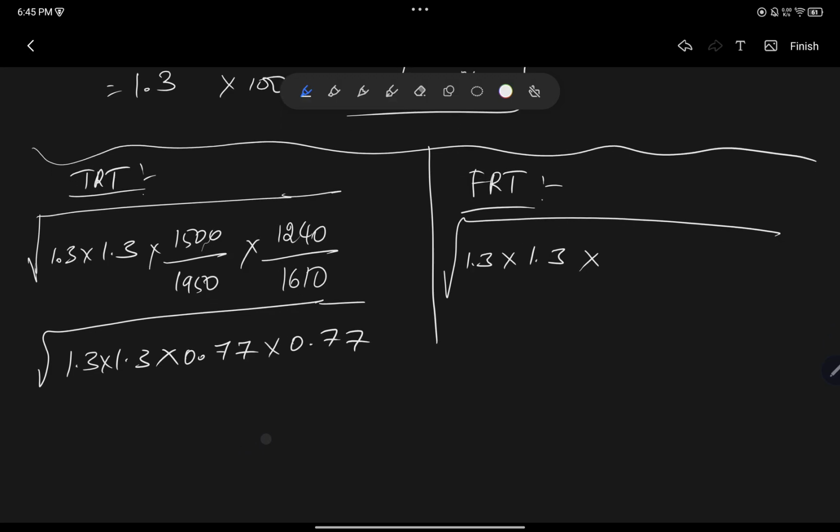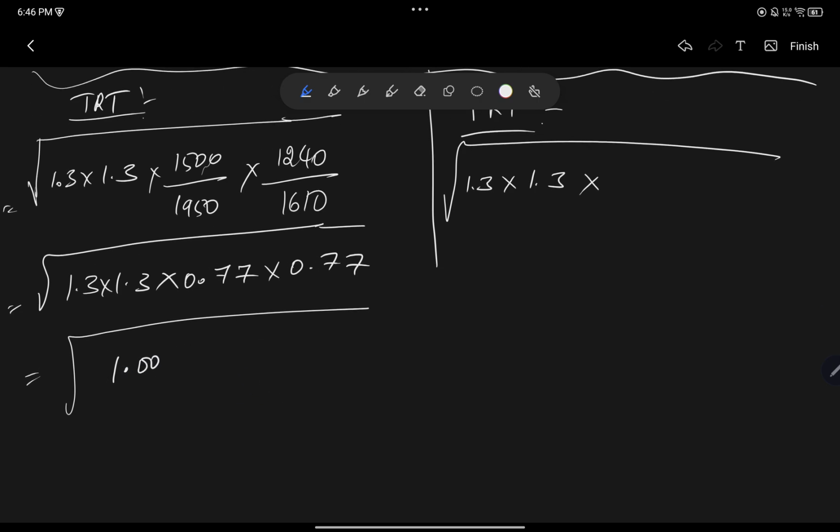Okay, next, what do we need to do? 1.3 into 1.3 into 0.77 into 0.77, that is square root of 1. Okay, so now if you see, square root of 1 is 1. So we got 1 as TRT.